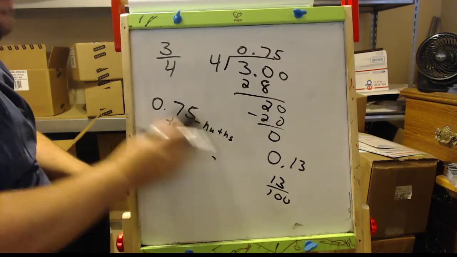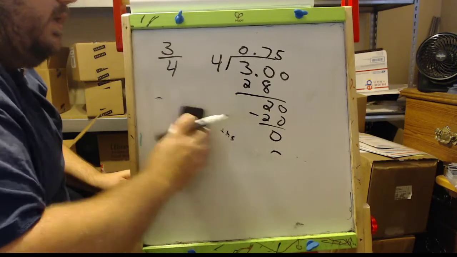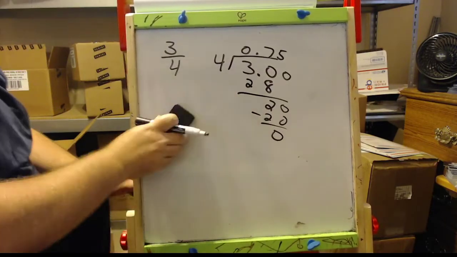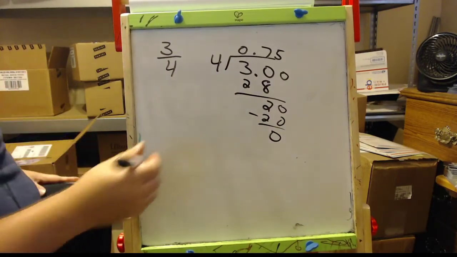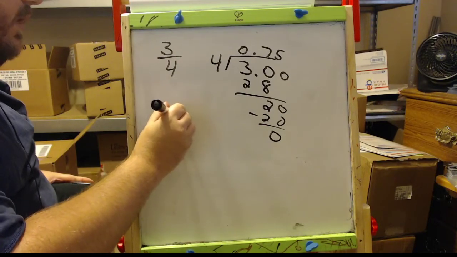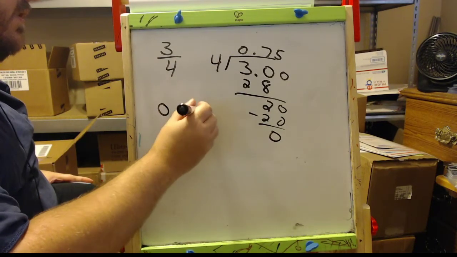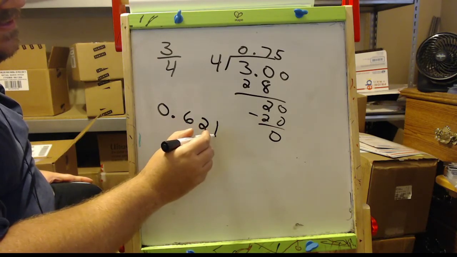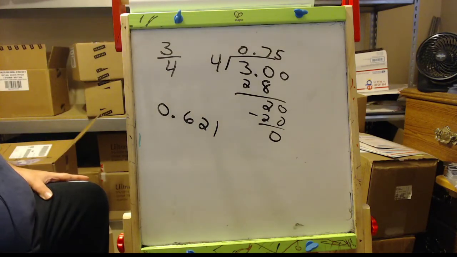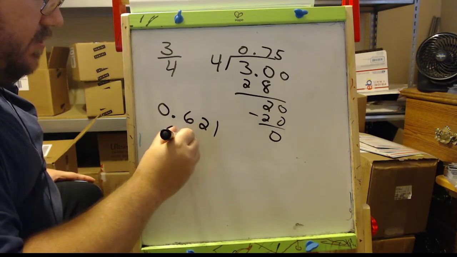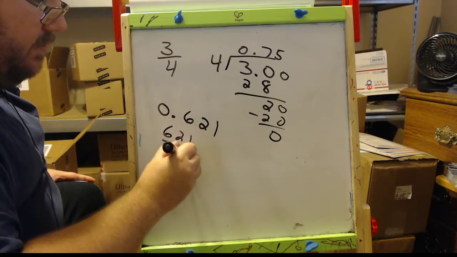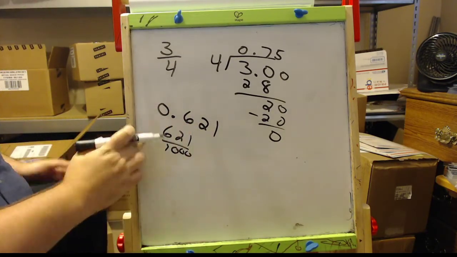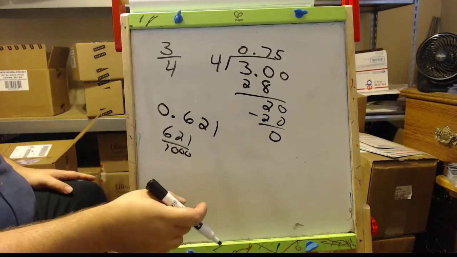And that continues on if you need to write your decimals as fractions. 0.621. This is the tenths, hundredths, thousandths. So this is 621 over 1,000. And if you have to reduce, you could try to reduce.